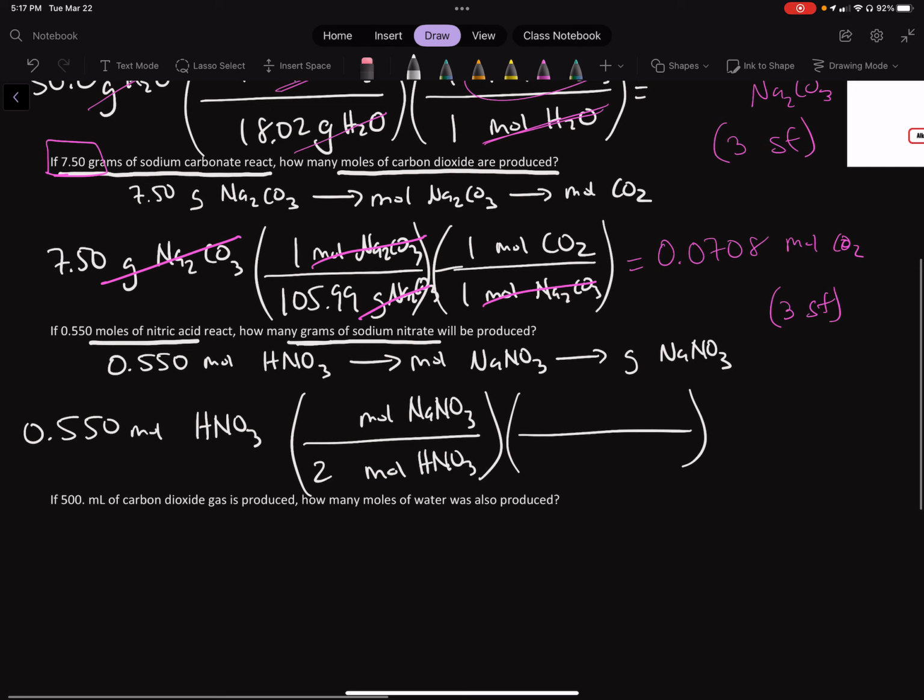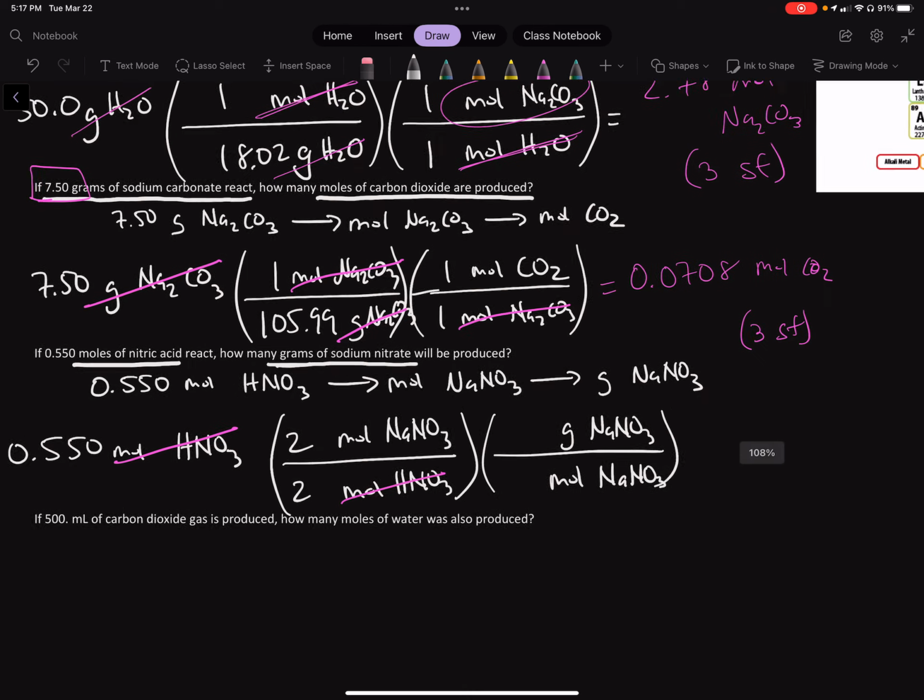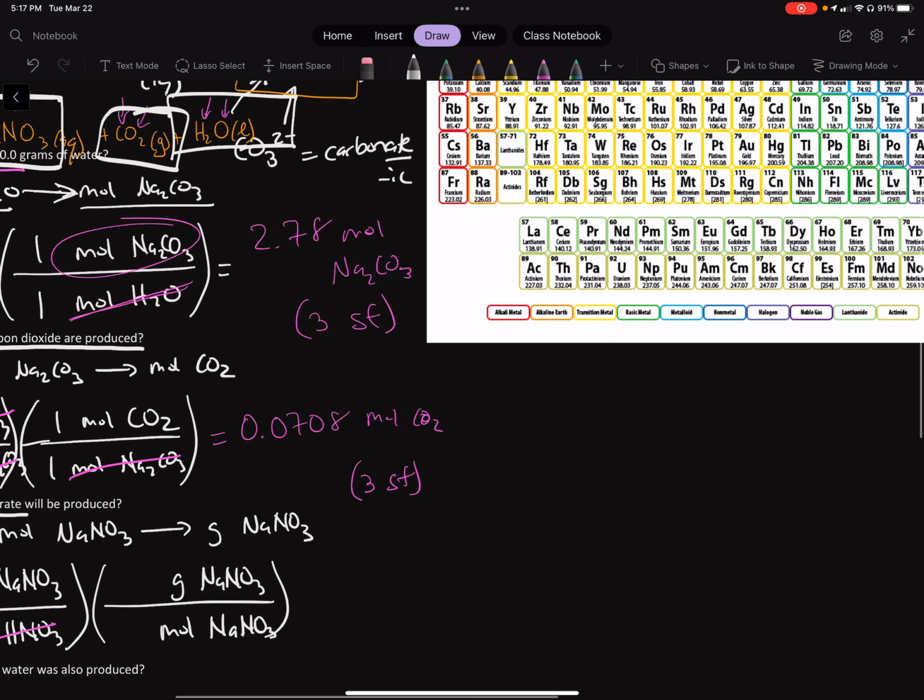So we have a 2/2 mole ratio. So moles of nitric acid cancels. And then for the next one, we want to get to grams of NaNO3. We need to cancel moles of NaNO3. So we're going to use the molar mass of sodium nitrate again. And let's go and calculate that over here.